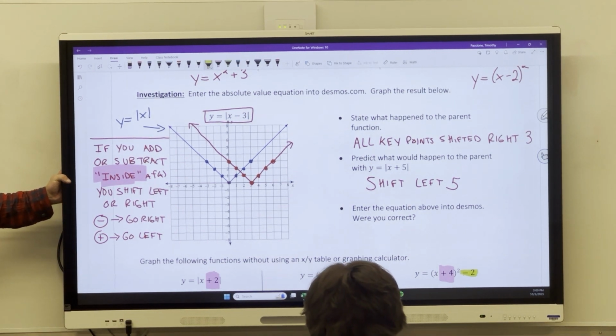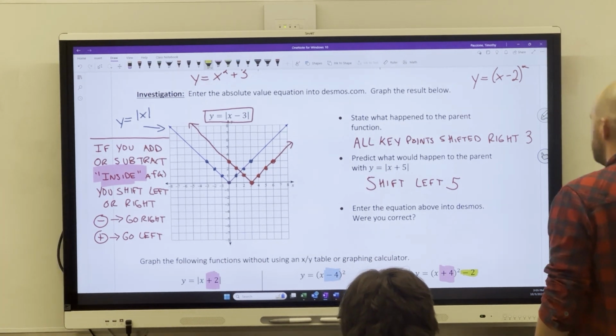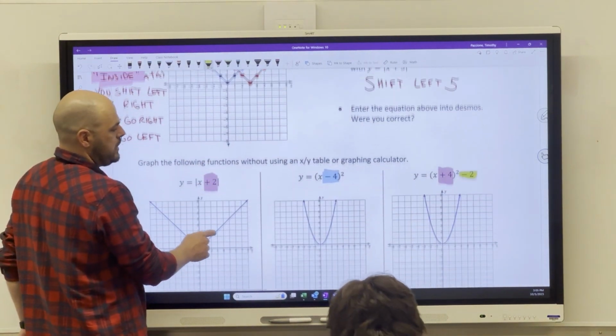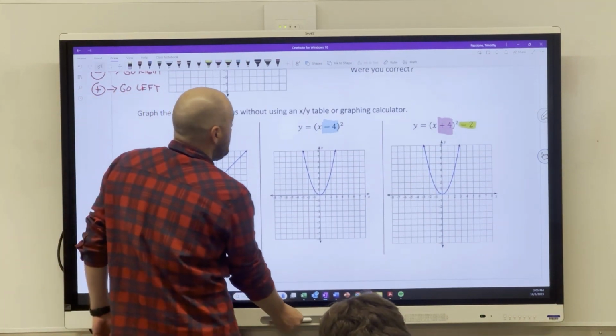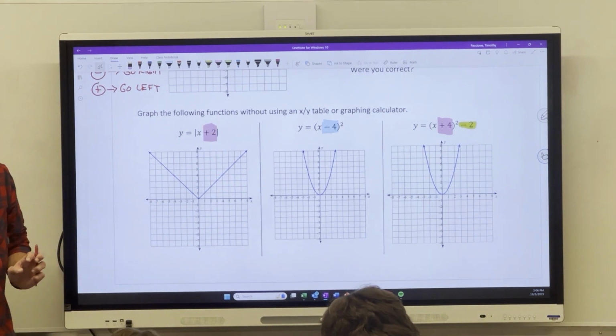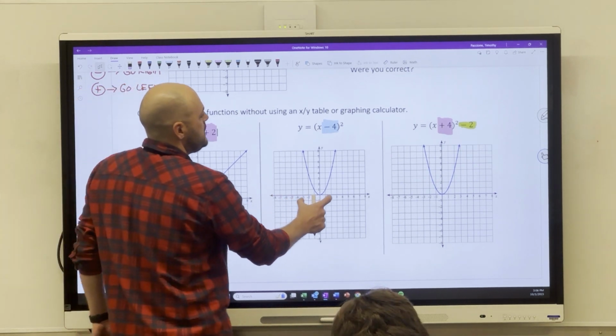So try those. And here's the deal. Because this has been asked a few times, right? And then I'm gonna come around and help people individually. All right, we did an example with absolute value, so it was like, well, what about when it's a parabola? Now do I have to worry about this exponent? So here's the deal.